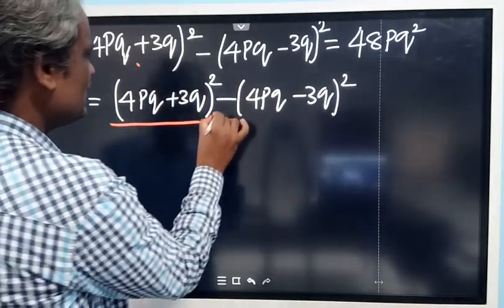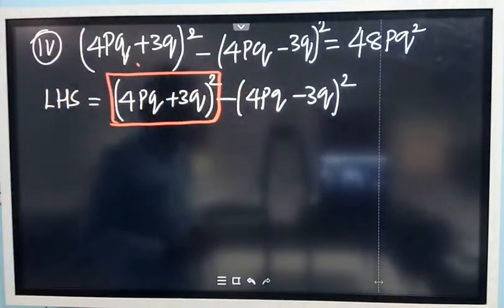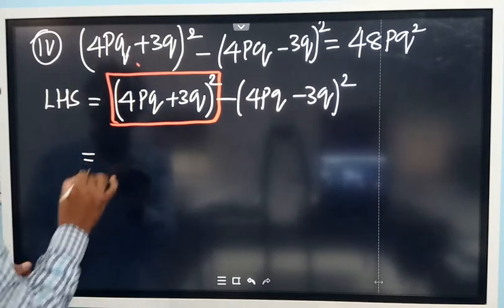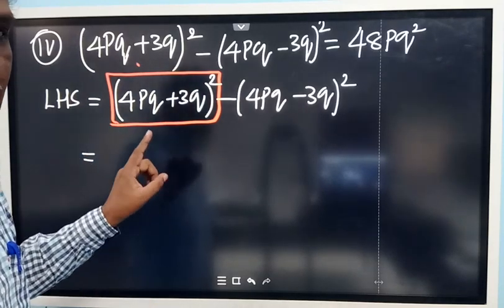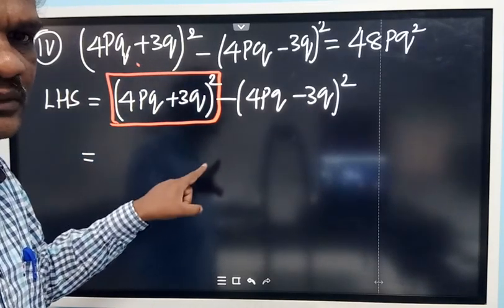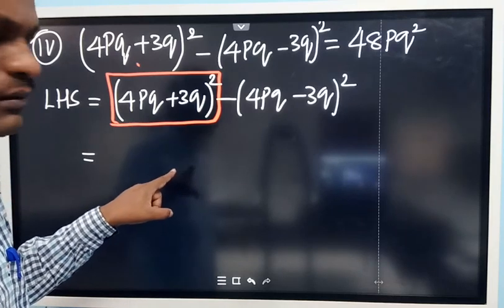For this one you apply the (a + b)² formula. What is (a + b)²? a² + 2ab + b².